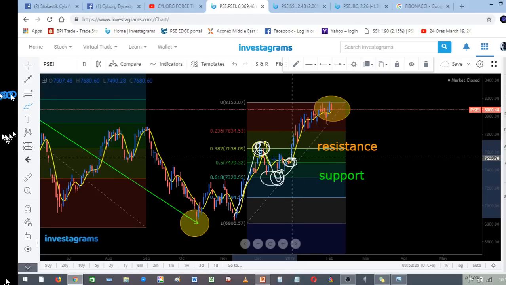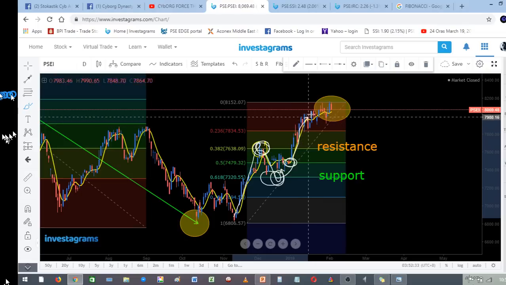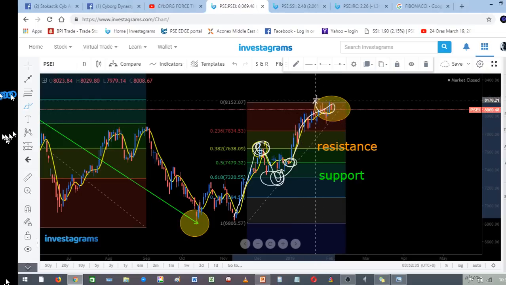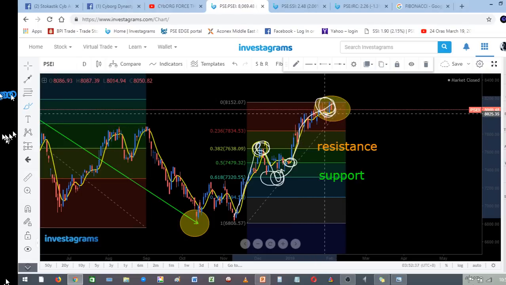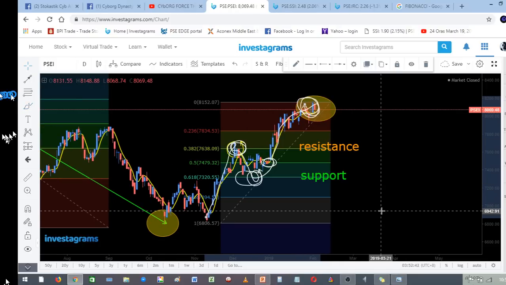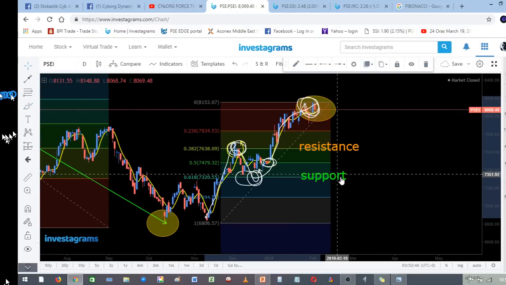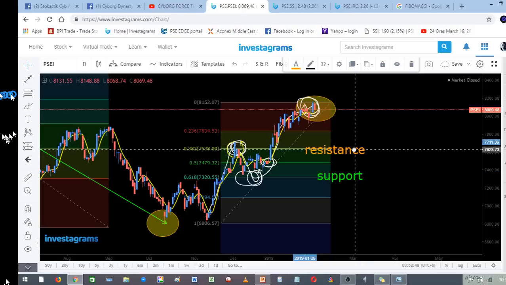And the market makes a stronger movement again. It went up and this becomes the resistance. So that's what we call retracement, identifying a support and a resistance.